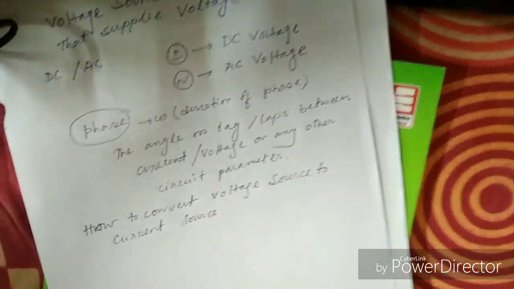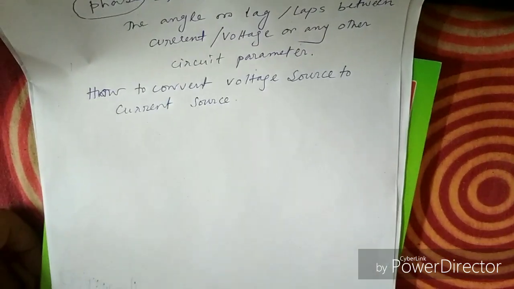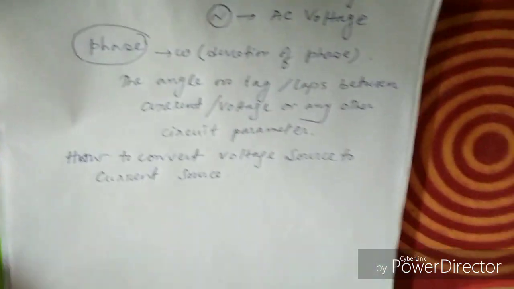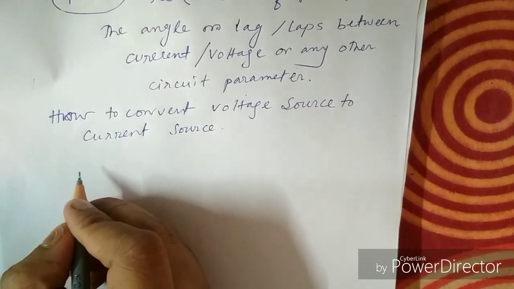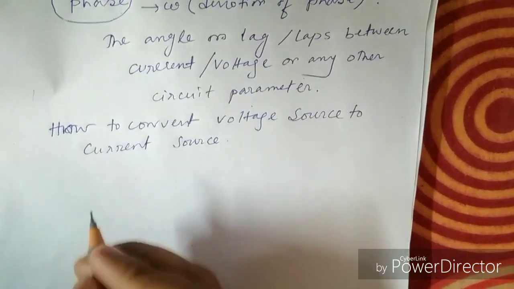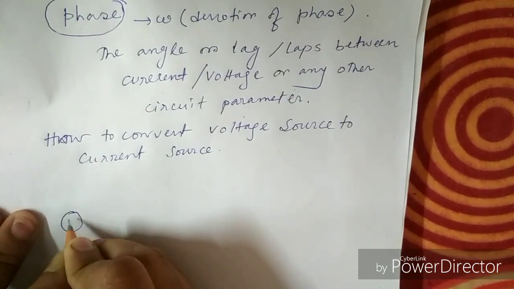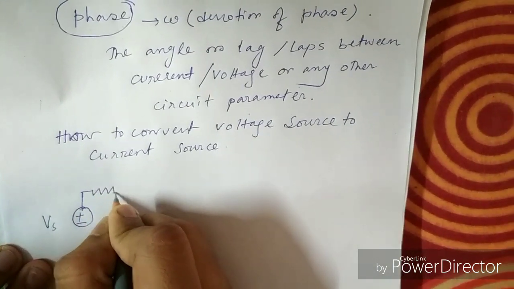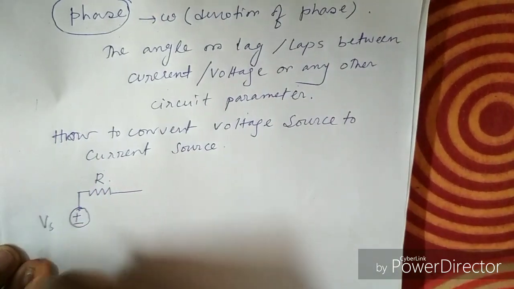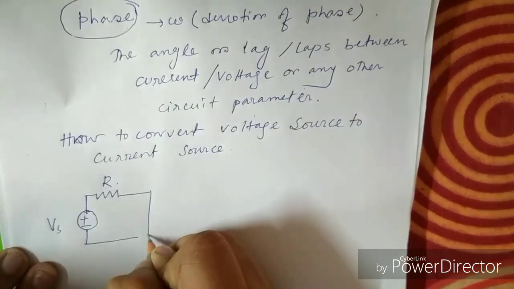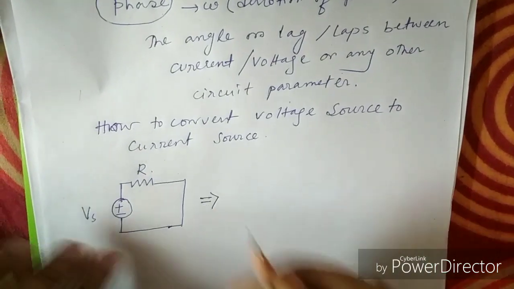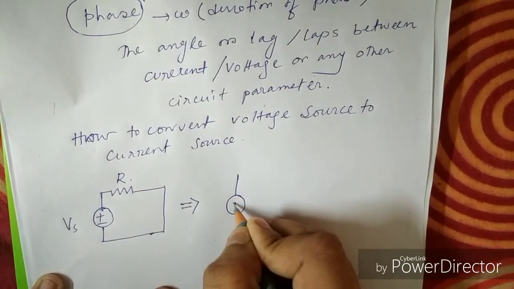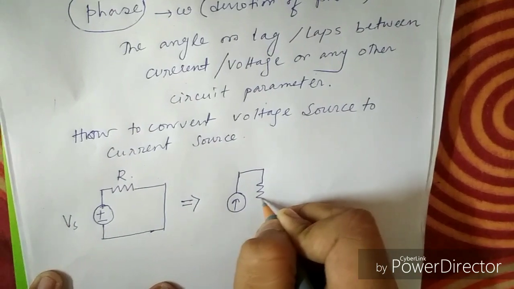We want this conversion because there are some circuits that mainly use a current source. If we draw a circuit that has a voltage source Vs and a resistance R in series, we convert it into a circuit that has a current source in parallel with a resistance.